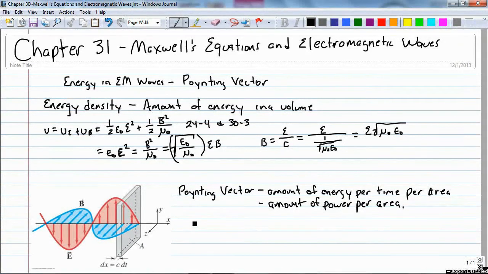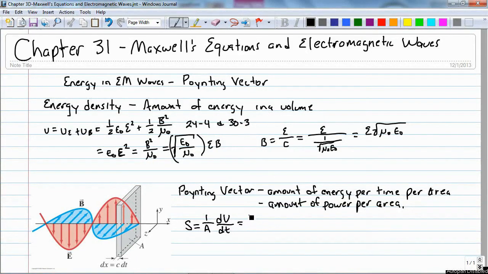We represent Poynting's vector by the variable s, and so we can write this as 1 over area times the energy change in time.